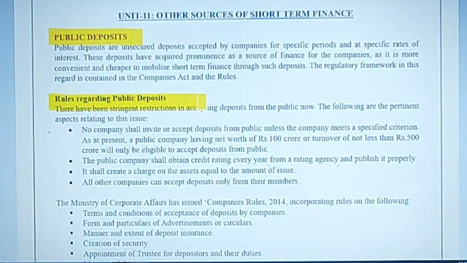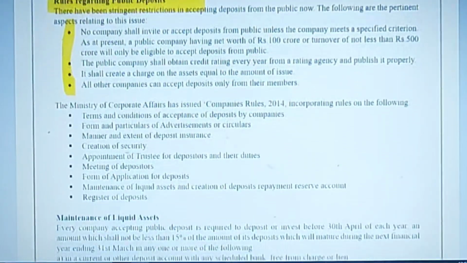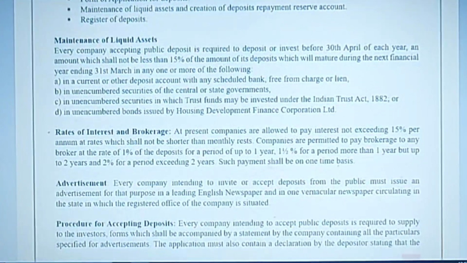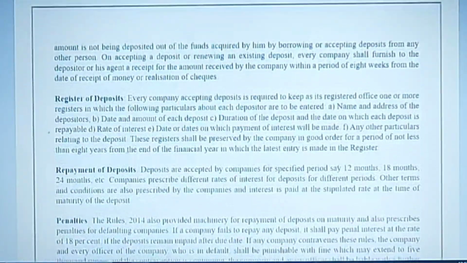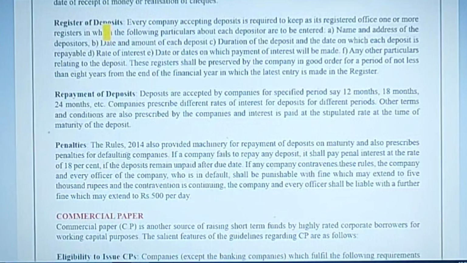Some rules are there in the public deposits, so this must be learned by the students. And then how can we maintain liquid assets with us? Interest rates. These are all very short notes, so just one or two lines are sufficient. It can come in your long answer.